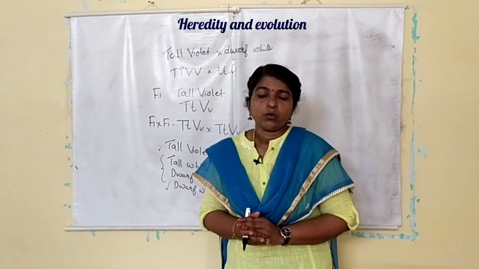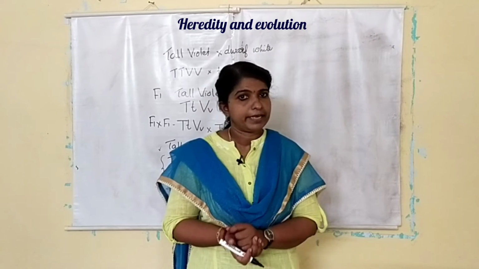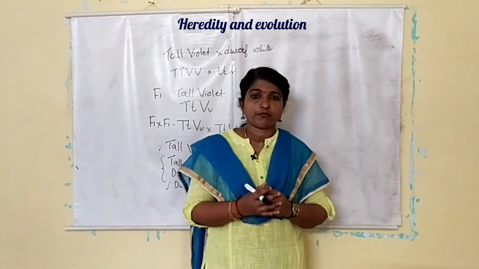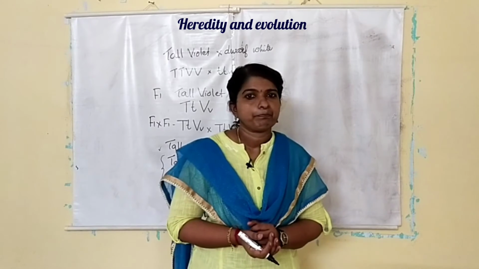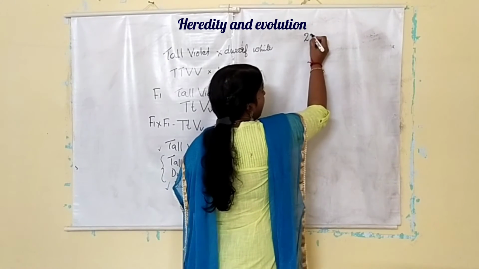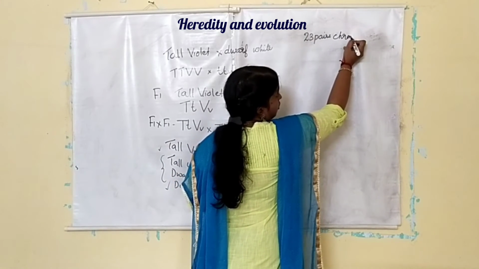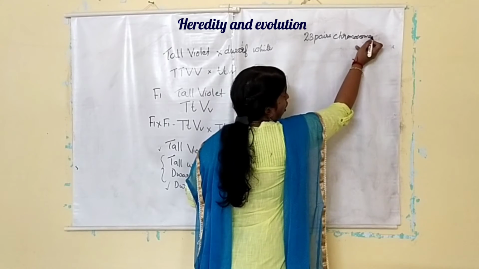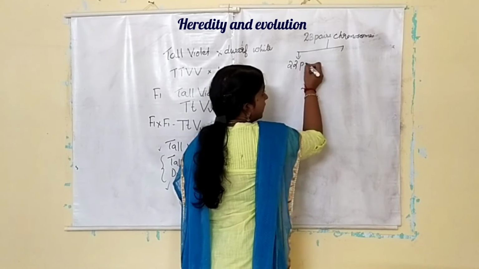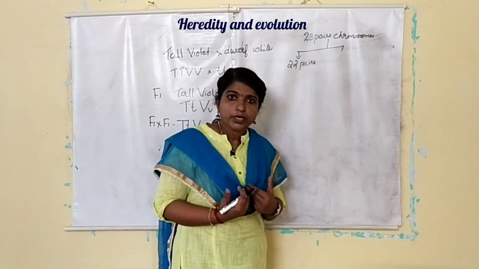Okay. Now let us study sex determination in human beings. How can we determine the sex of a child genetically? You all know we have 23 pairs of chromosomes. Of these, 22 pairs determine our body characters.